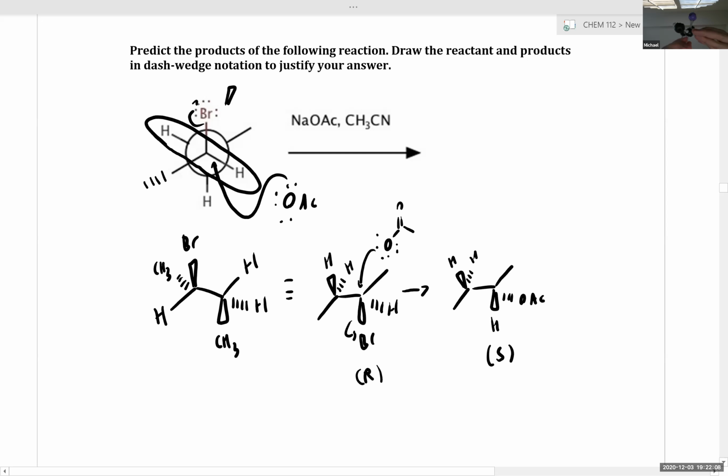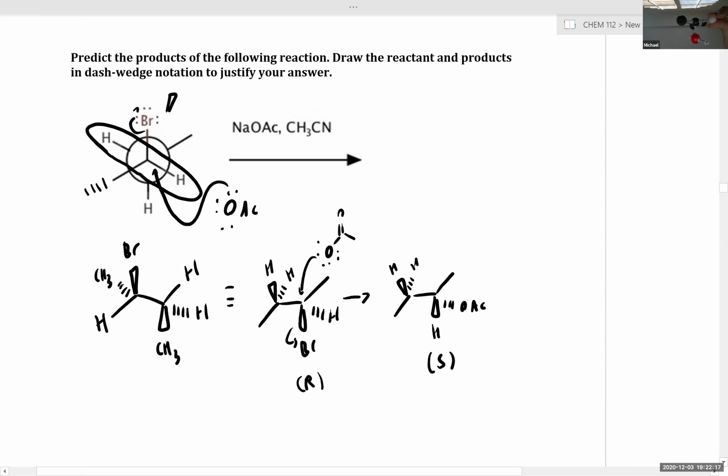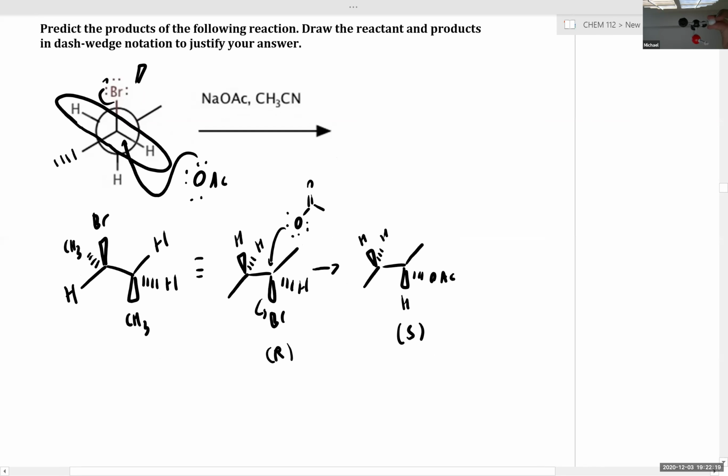So when that happens, we would end up with the following structure. And in turn, that would look something like this.